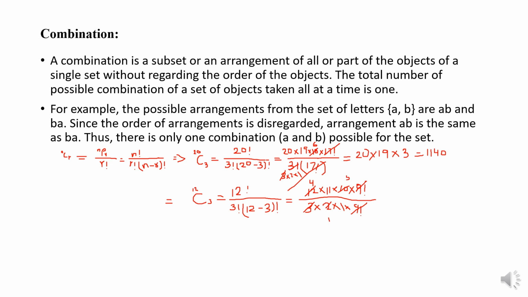So the answer is 4 into 11 into 5, which is equal to 220 ways. So how many ways for the combination?